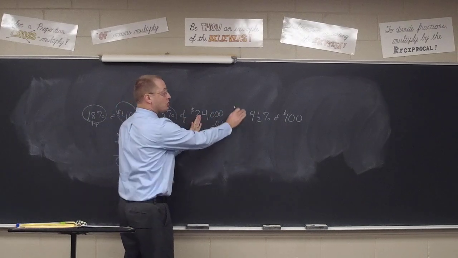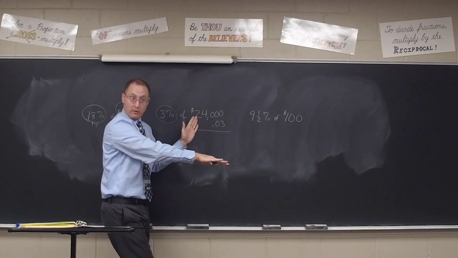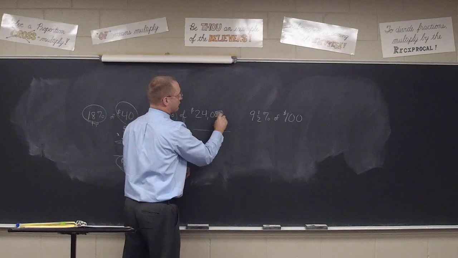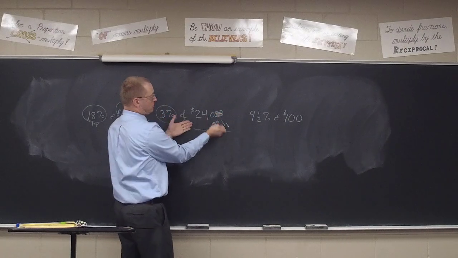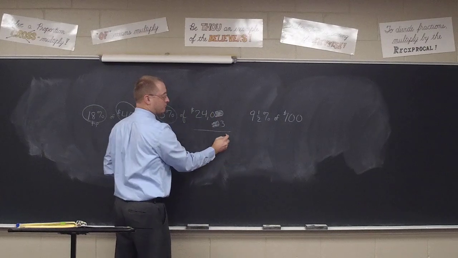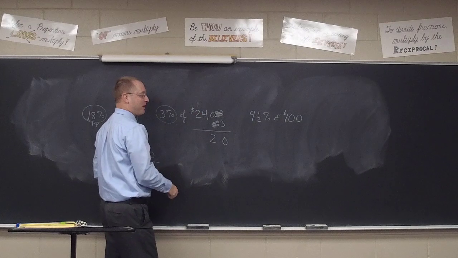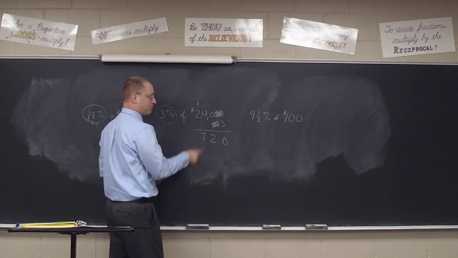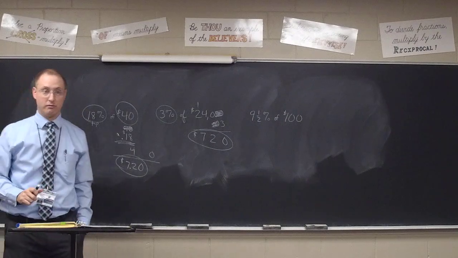Because after all, if I hung 2 zeros and then I moved the decimal 2 times, those 2 zeros would just fall off anyway, right? So I'm going to scribble off 2 zeros and scribble off the decimal. Now I'm just going to multiply 3 times 240. 3 times 0? 0. 3 times 4? 3 times 2 plus 1? 7 plus the 1. So the salesman gets $720 from that sale.